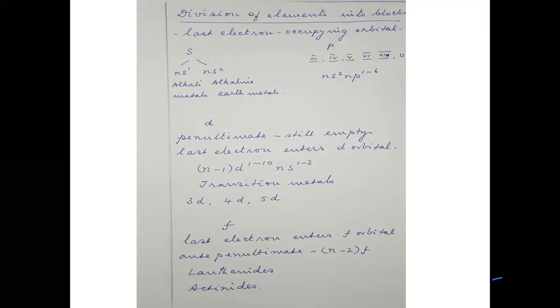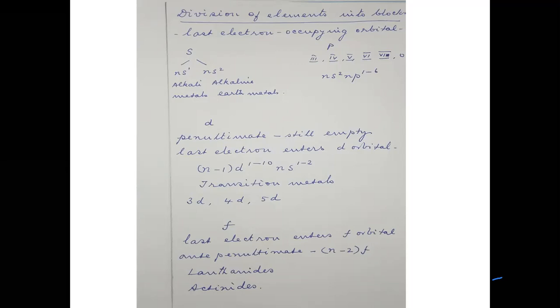Therefore, d is getting filled first, and s is remaining unfilled or partially filled. In such situations, the filling of electrons is taking place in the penultimate shell. Therefore, the last electron is entering into d orbitals. Therefore, the electronic configuration is (n-1)d1 to 10, ns1 or 2. They are called the transition metals. This is what continues in the 3d, 4d, and 5d electronic configurations.